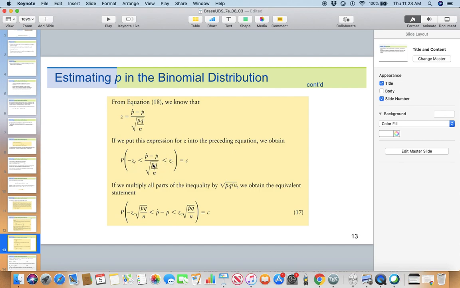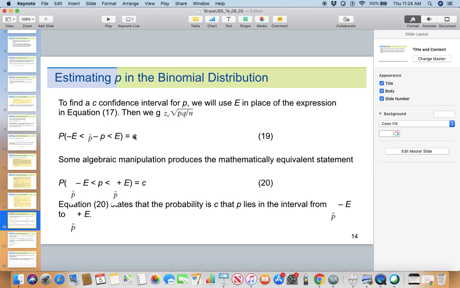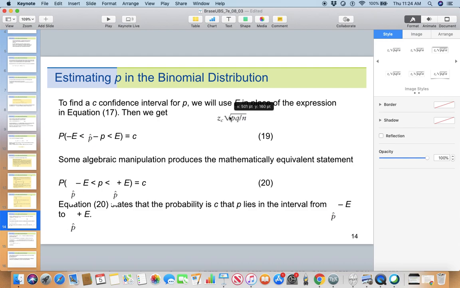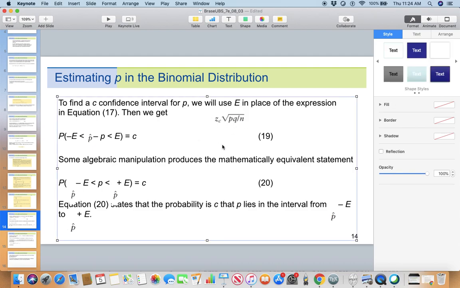Multiply all the parts by the denominator to get rid of the denominator. So you see, you have these limits. This is basically your maximal margin of error. So to find a C confidence interval for P, we will use E in place of the expression. E is this one, right?